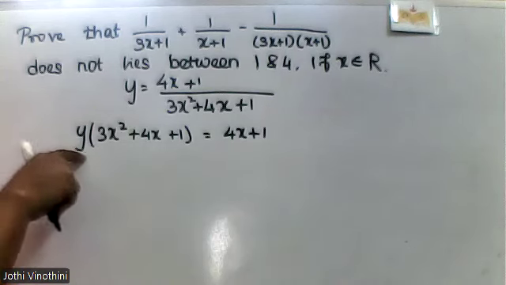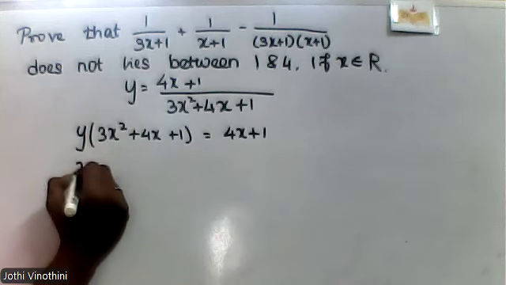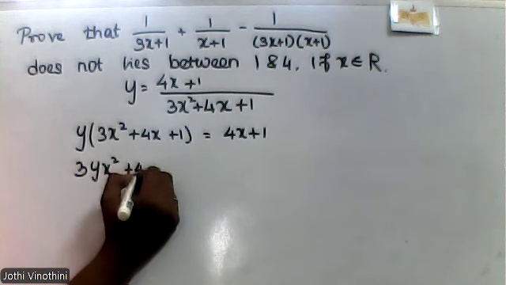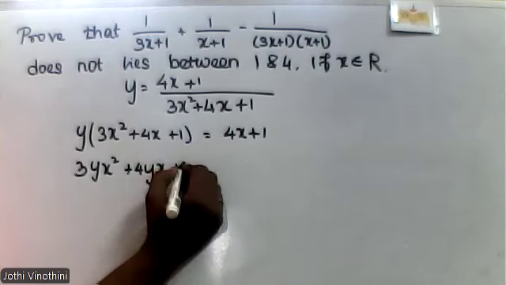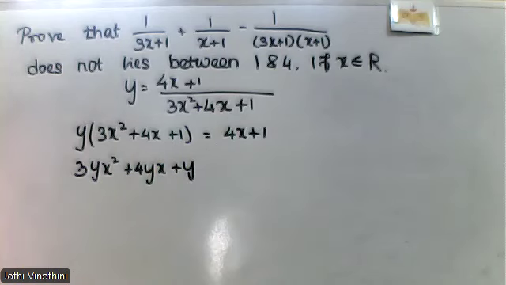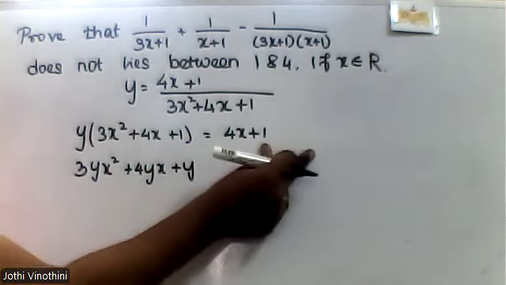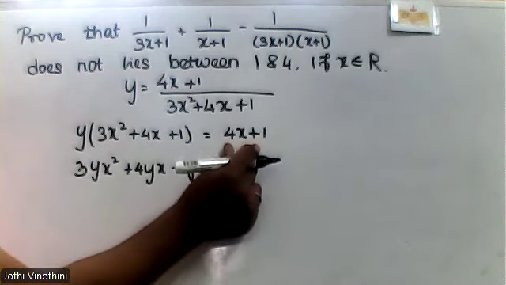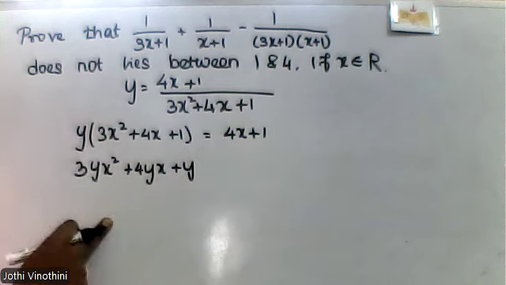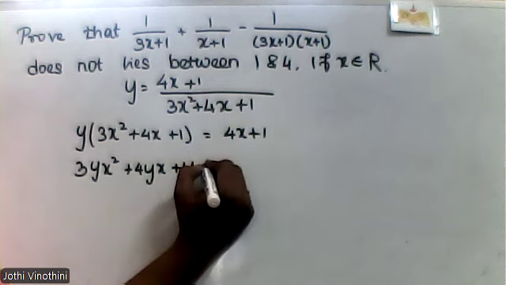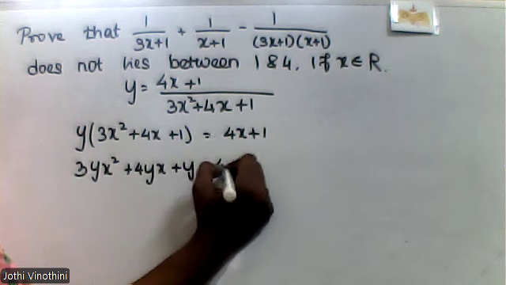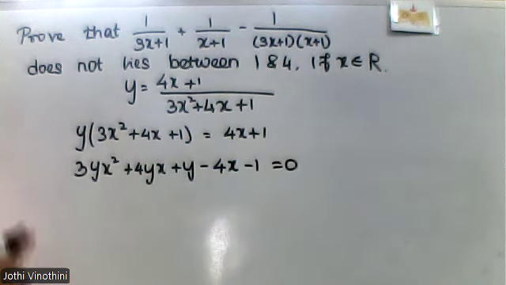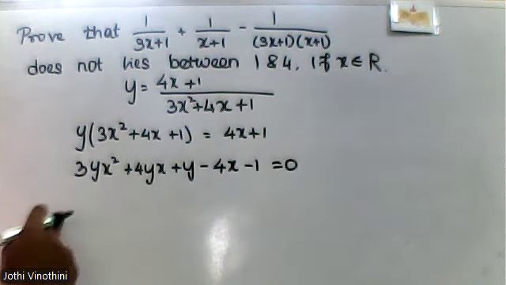Now I am going to take this y inside this term. So it will become 3yx squared plus 4yx plus y. I am going to take these two terms to the left hand side of the equation. See, they are an addition. When it comes to this side, it will become subtraction. So minus 4x minus 1 equals 0. We are again going to simplify this.